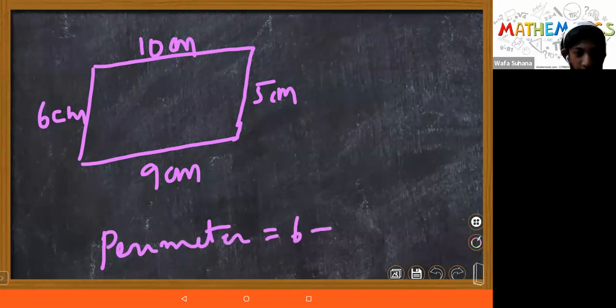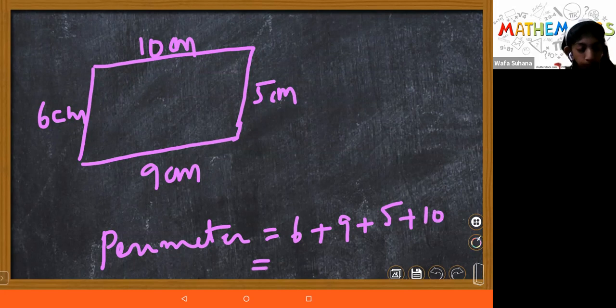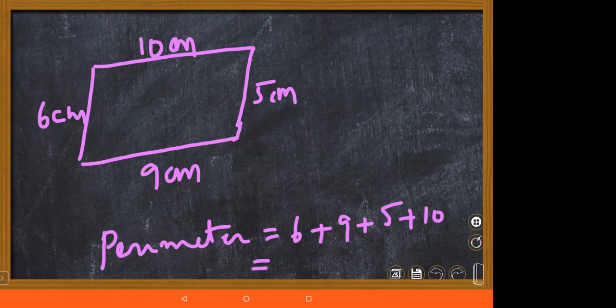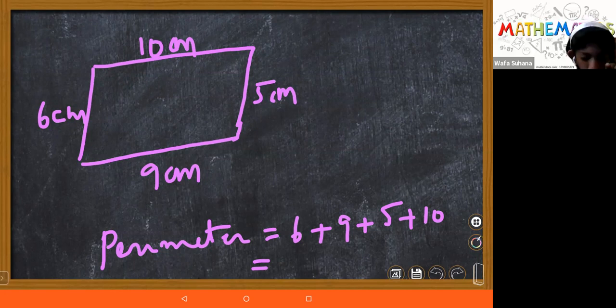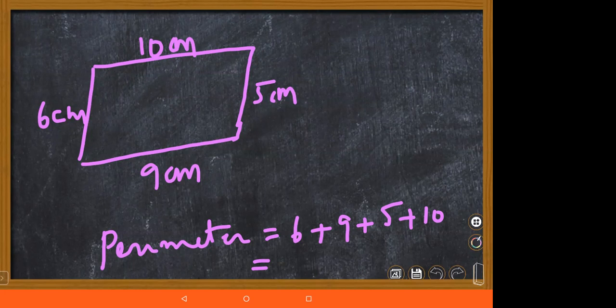Yes. 10 plus 9 equals 19. 19 plus 5 equals 24. 24 plus 6 is 30. 5 plus 6 is 11. 11 plus 9 is 20. 20 plus 10 is 30.